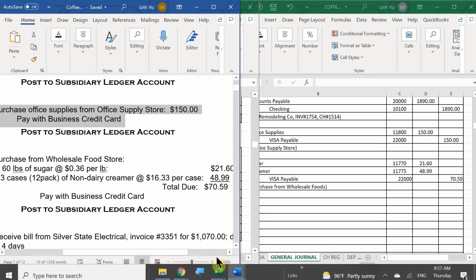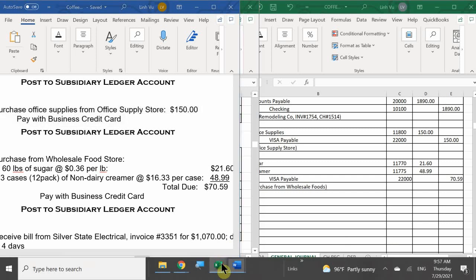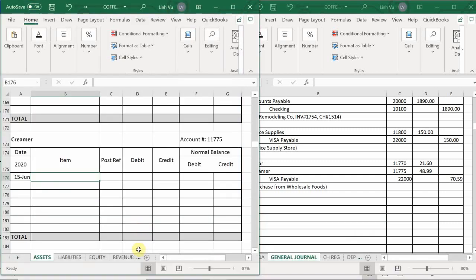I don't see the ledger. Do you have the ledger up? I just see the general journal. Yes, I have it up right here. Okay, so we are in the Creamer account, under assets. Under assets, yes. There we go. And there we put the creamer, the amount of the creamer that we bought.